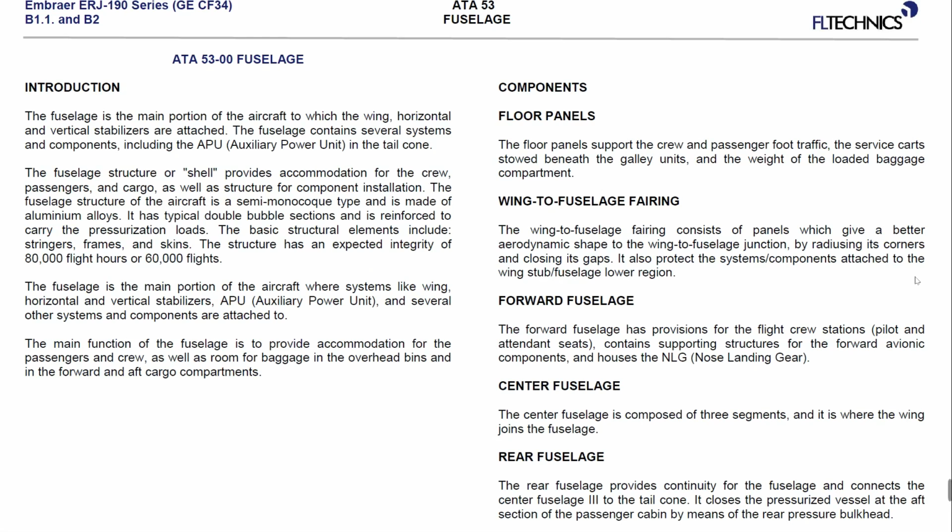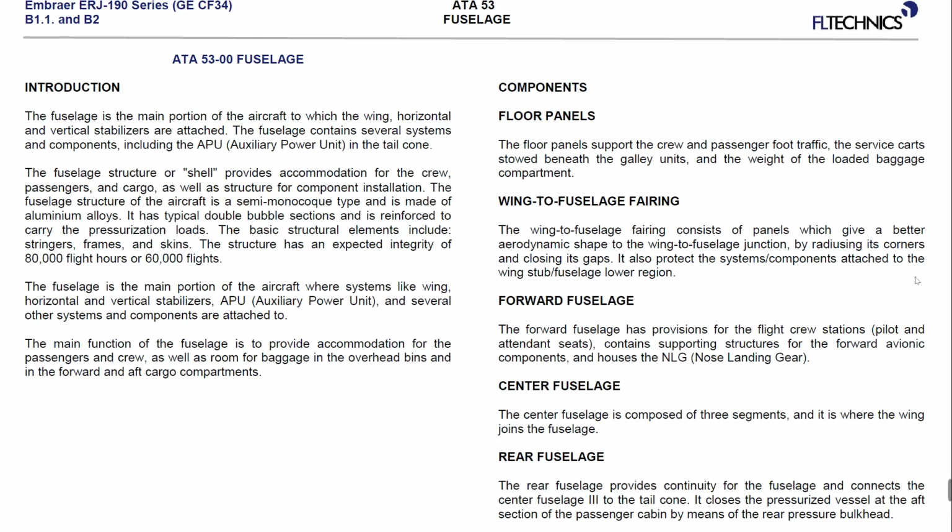It provides accommodation for the crew, passengers, cargo, and some system components. It's a semi-monocoque type structure, and most of the structure is aluminum alloys. As I said, it's a double bubble section, and we have skin panels to resist the pressure loads.